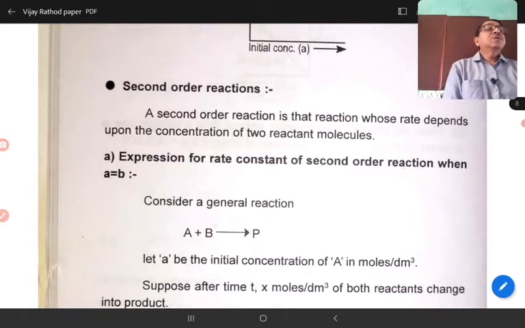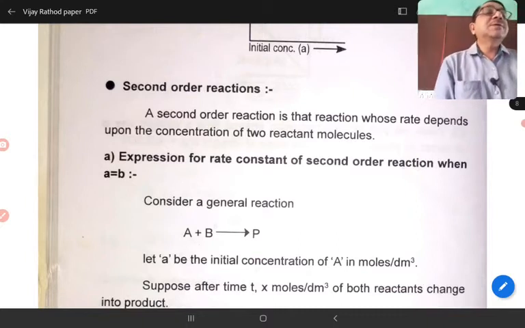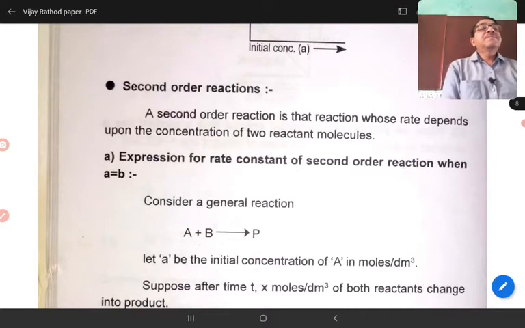We knew the first order derivation, that is k is equal to 2.303 divided by t into log to the base 10 of a upon a minus x. So that was the derivation from the earlier video.